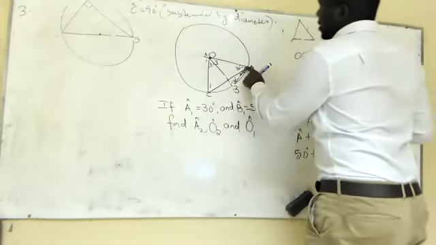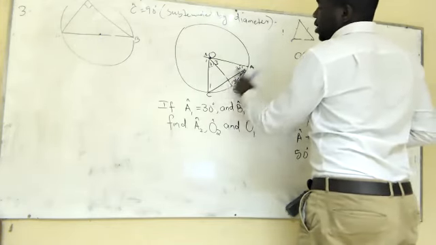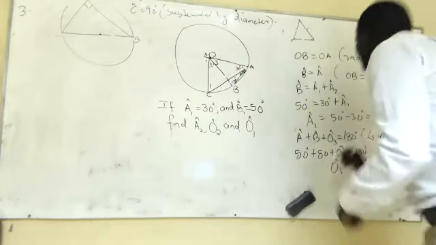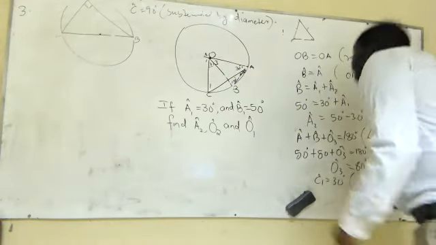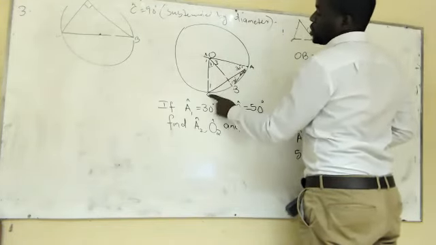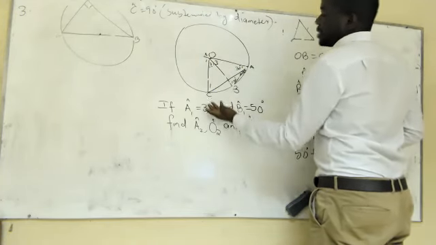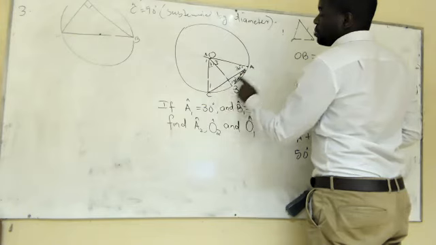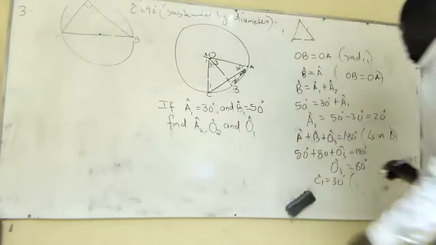Now, there's a relationship between angle A1 and angle C1. These two angles are going to be equal. Why? C1 is going to be equal to 30 degrees, because they are subtended by the same chord, and OC is the same as OA.